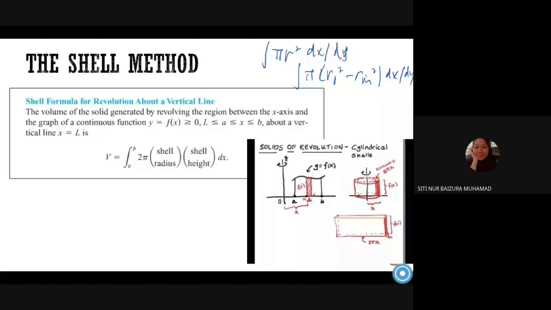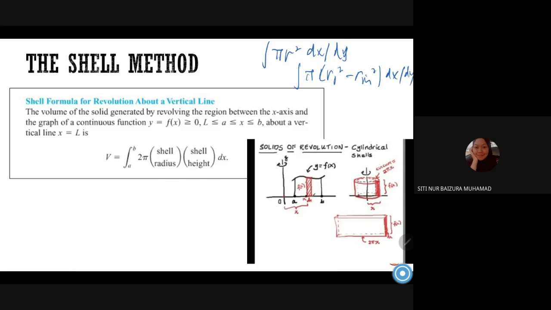Yang ni, second method here is what we call the cylindrical shell method. Tahu kan cylinder? So, kalau cylindrical shell method ni, dia formula lain daripada disc method tu.